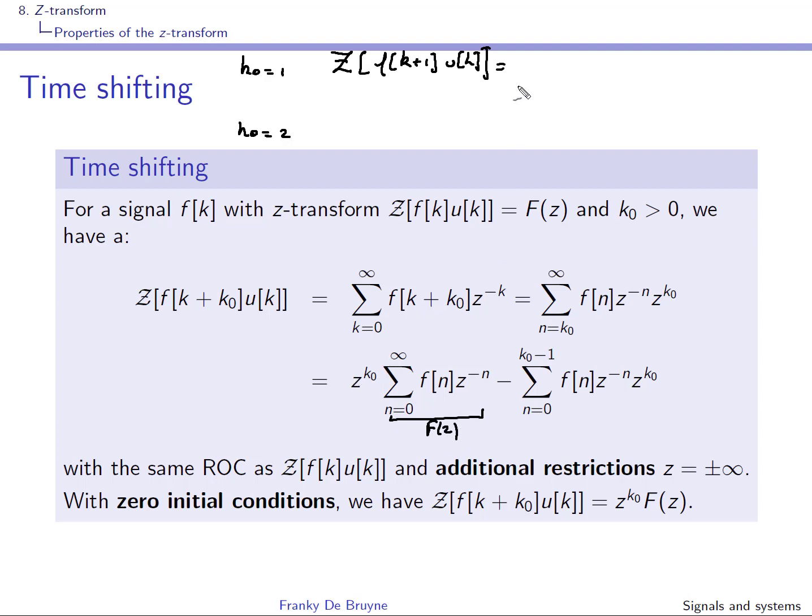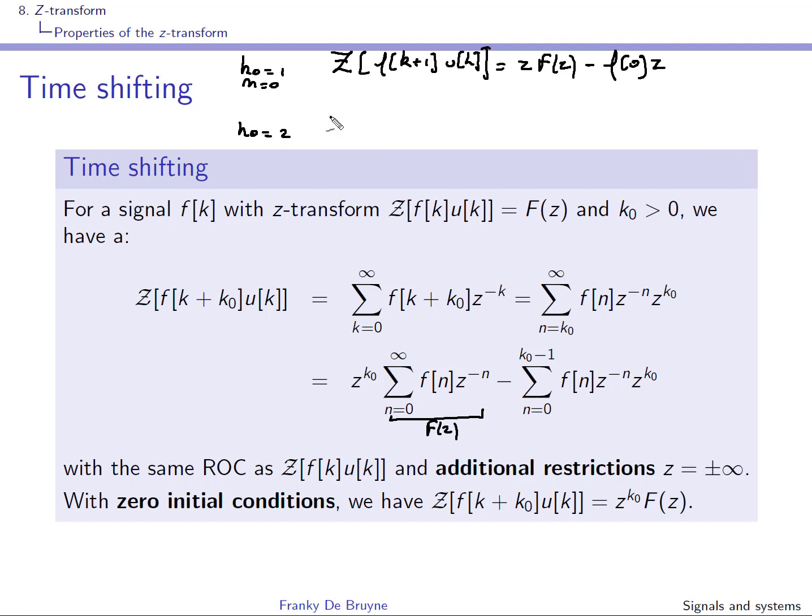It will be z F(z), and in this sum, since k0 is 1, there will only be one term corresponding to n equal to 0. So minus f0 z^0, and here k0 is 1, so f0 z, right?